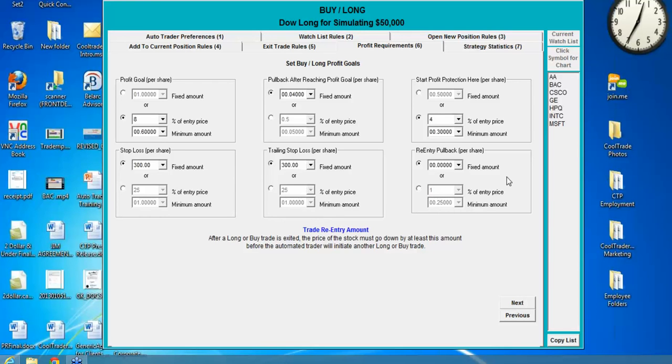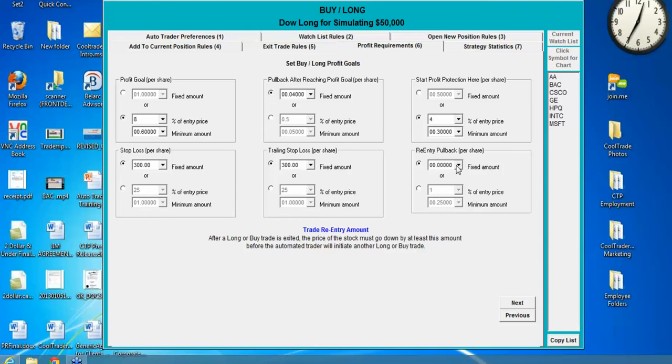So what this one is, and it's not being used on this particular strategy, but let's say that you just made 60 cents on a stock. Let's say on Bank of America you just made 60 cents. So you just made $60 if you're trading 100 share lots. And you don't want to get back into that position right away.